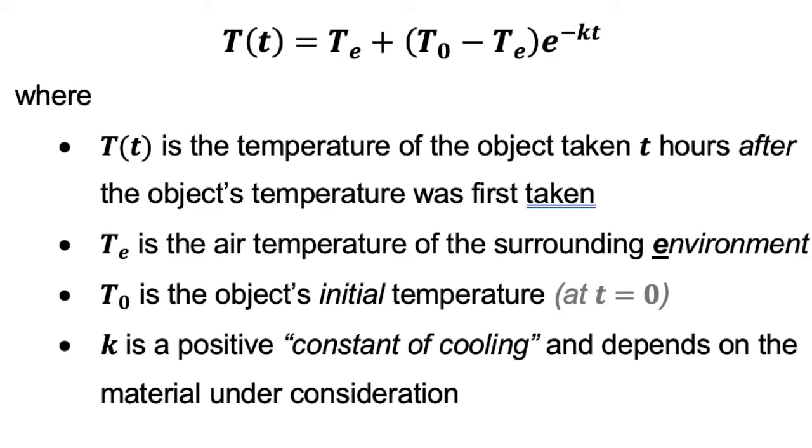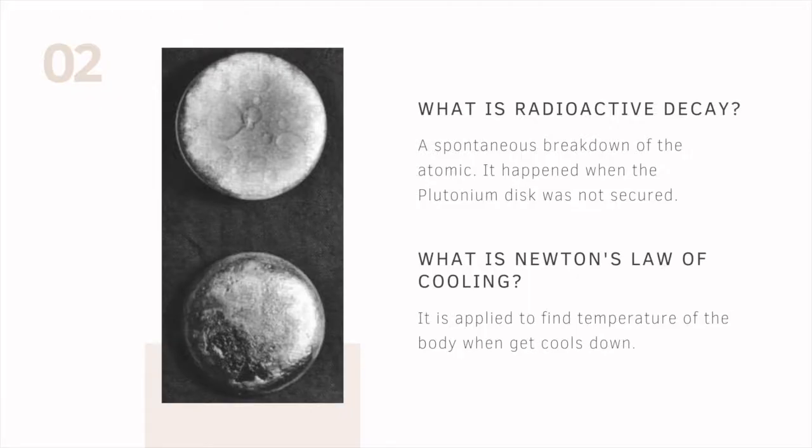What is radioactive decay? It's a spontaneous breakdown of the atom, and it happened when the plutonium-243 disk was not secure. And what is Newton's law of cooling? It is applied to find the temperature of the body as it cools down. We can also apply it to real scenes such as coffee cooling down over time.